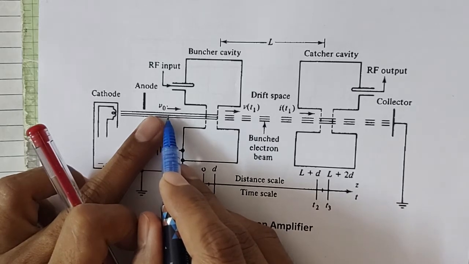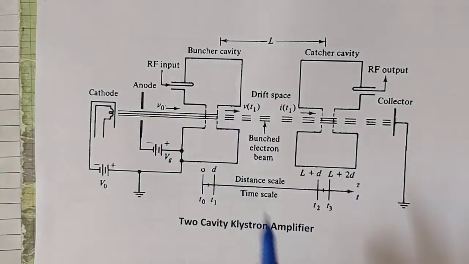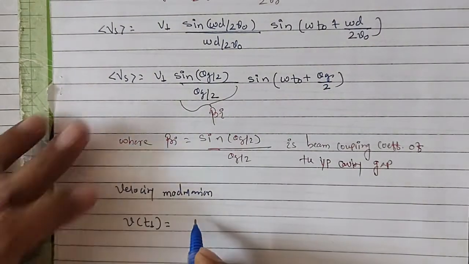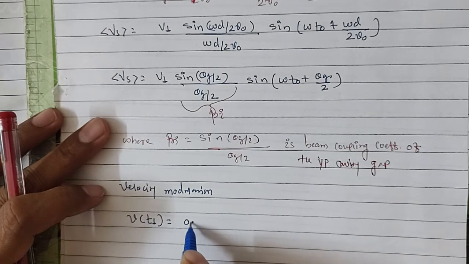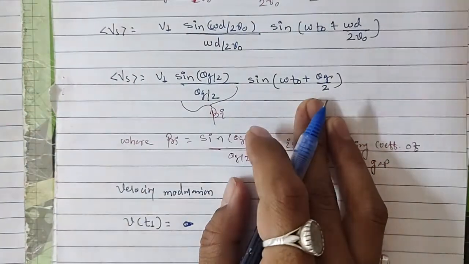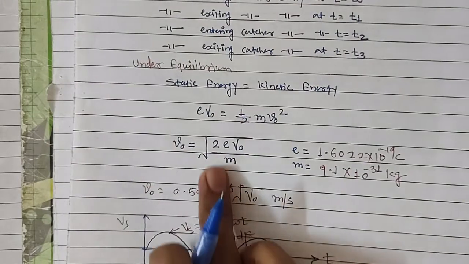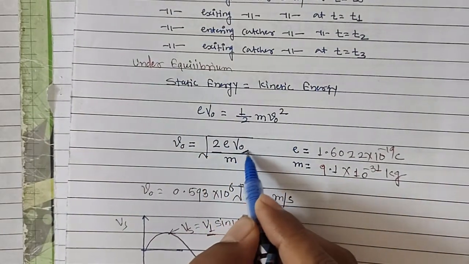That is the DC beam voltage V0 plus Vs, which is the average gap voltage which we have determined. This V0 is 2E V0 by M, so the average microwave gap voltage has to be added to this DC voltage.